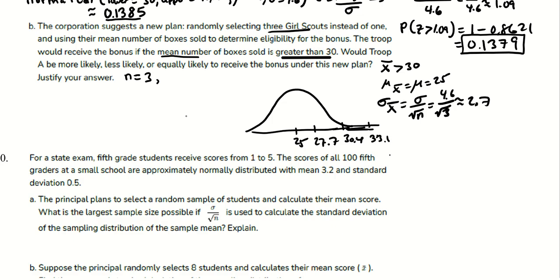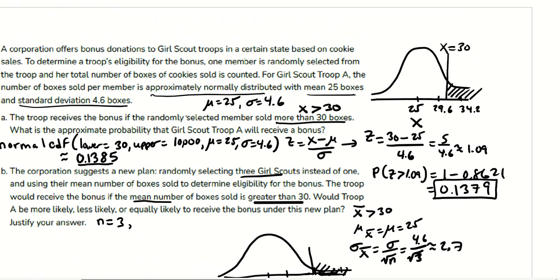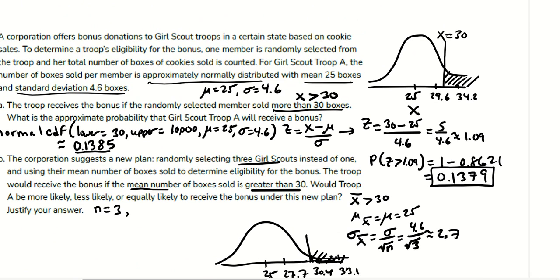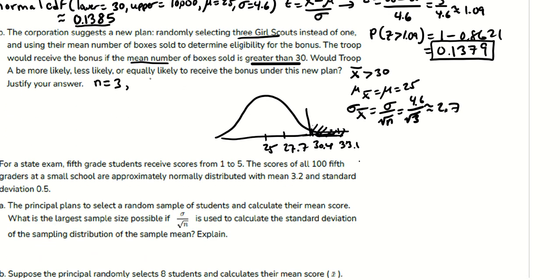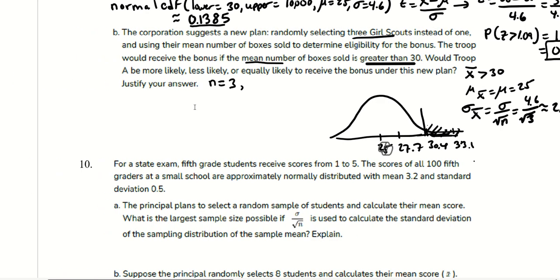Notice that if you want it to be greater than 30, you want to shade to the right. Notice the difference between that and here. Here, it's a greater area than over here, where it's a smaller area. That's because the variability of this is smaller, and because the variability is smaller, that makes these extreme values less probable. And that's the main idea.